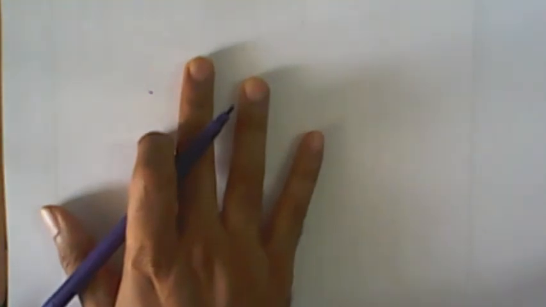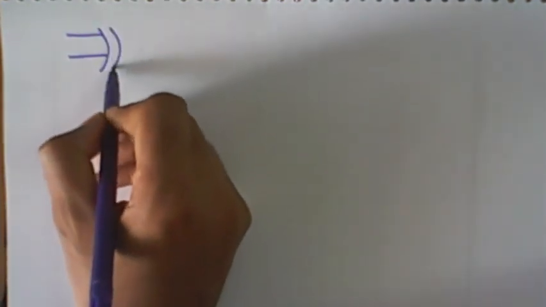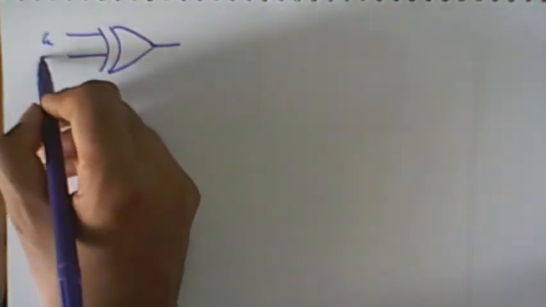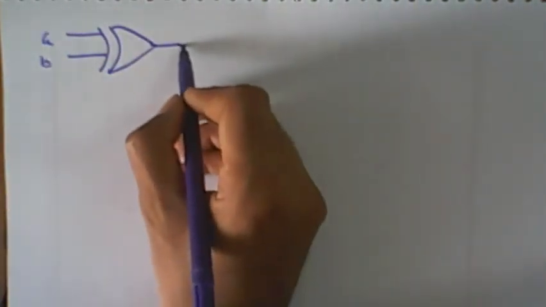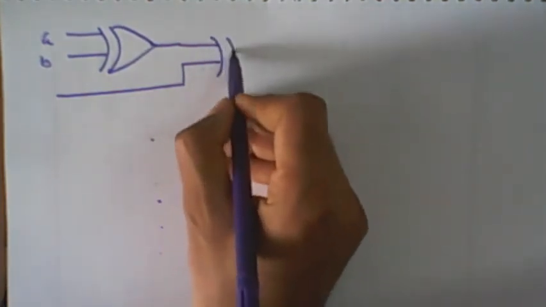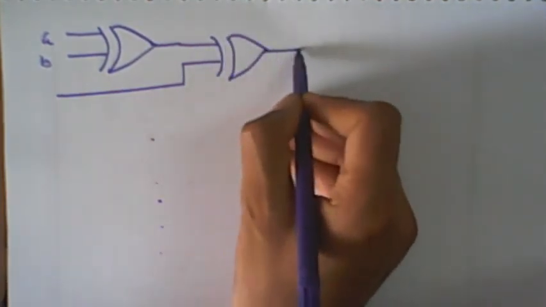Yeah, next step is the implementation, right? So first the logic implementation of sum, it is an XORing of A and B. So let me use the two input XOR, right? A and B is the first XOR, and it is XORed with the C. So we'll get the final sum.